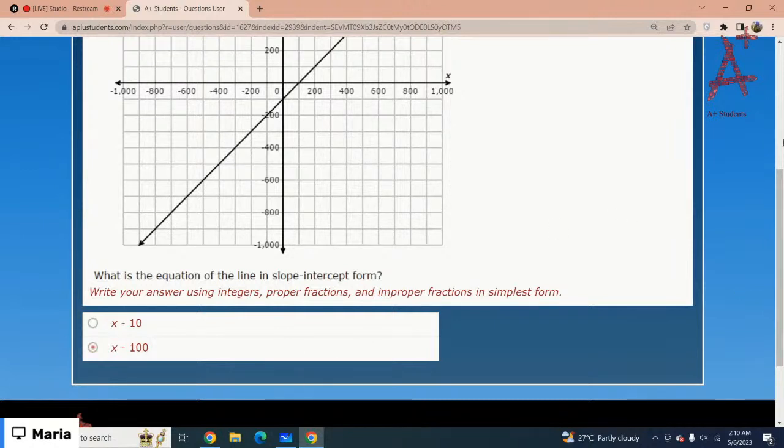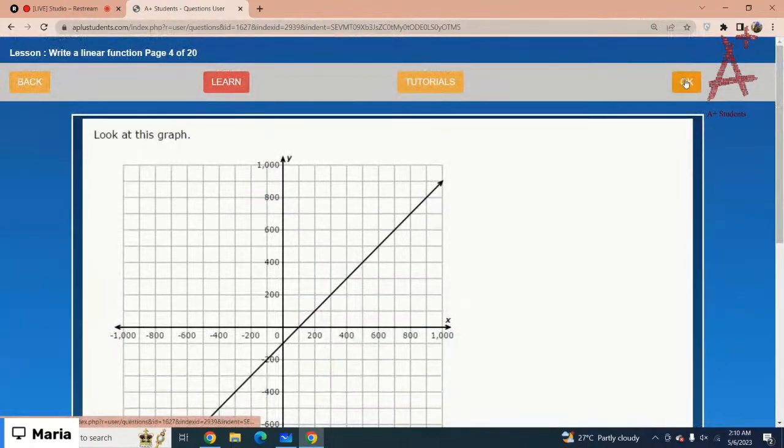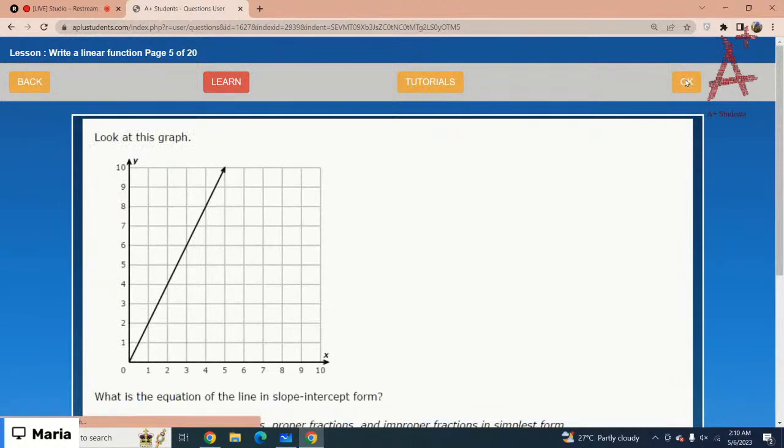Negative 100. So here is the correct option. Got it? These are the tricks actually that I am telling you. If you are given the options, you can find the equation like this.